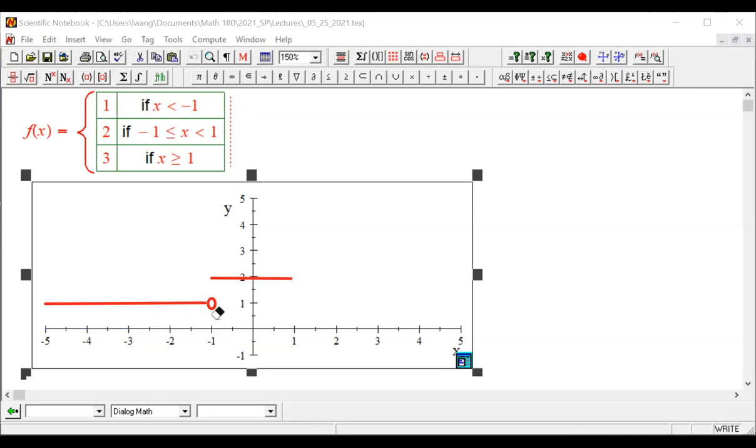Okay, see, not including -1 on the first rule, and on the second rule, it included -1 and it does not include the +1.